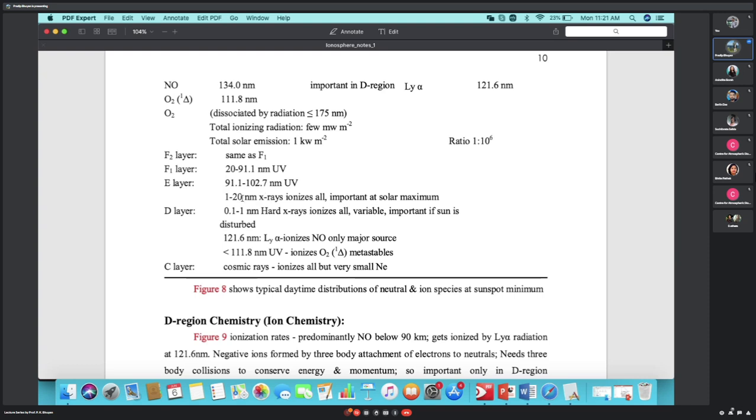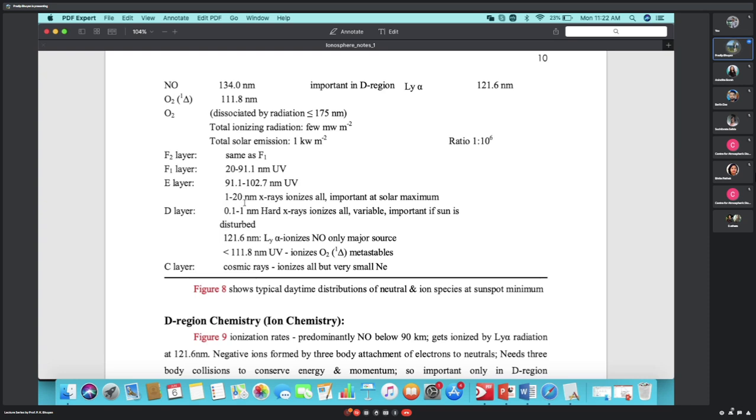So 1 to 20 nm X-rays ionize all, important at solar maximum. Around solar minimum, X-rays are mostly weak. So at solar maximum, you have 1 to 20 nm X-rays, or you can say 10 to 200 angstrom X-rays.